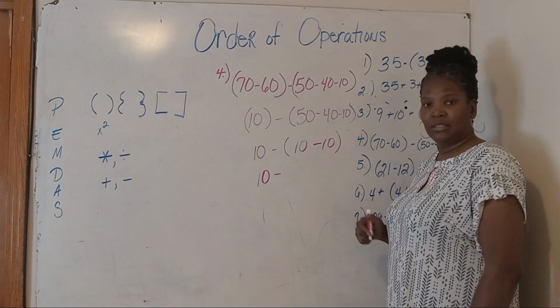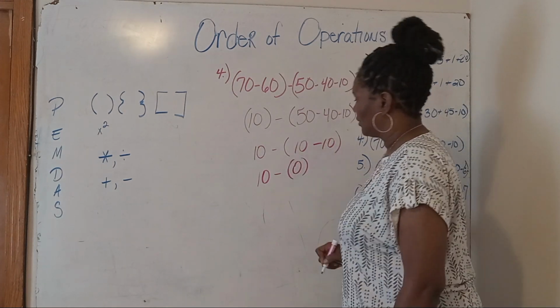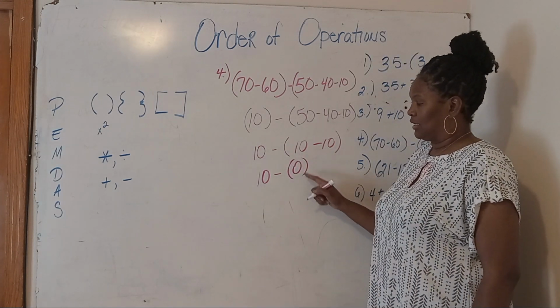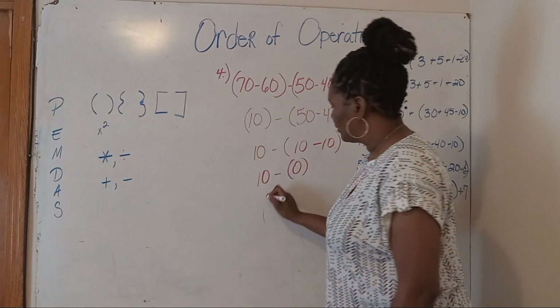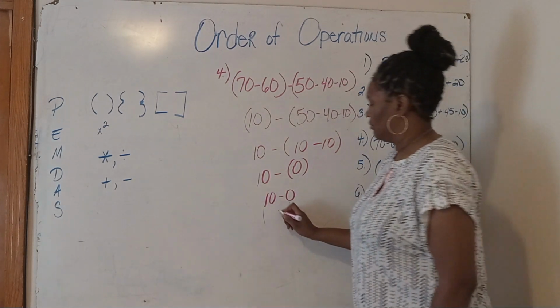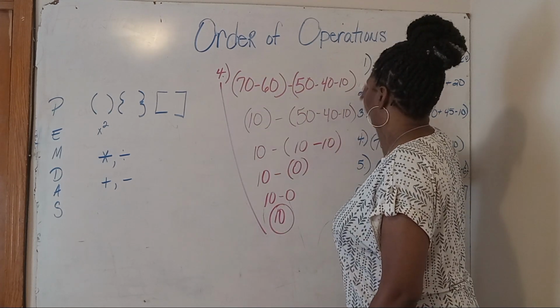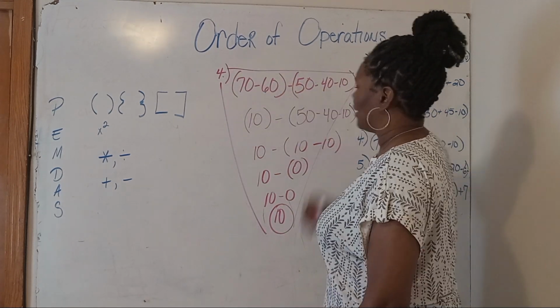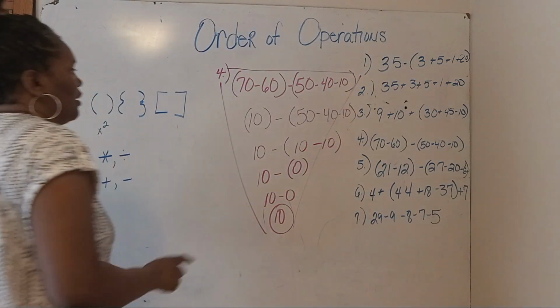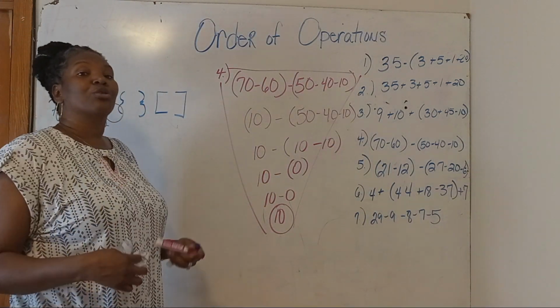What's 10 minus 10? 0. All right? Since 0 is the only number in there, 10 minus 0. What's 10 minus 0? 10. Circle your answer so your teacher won't have to look for it real hard. We made a Dorito.